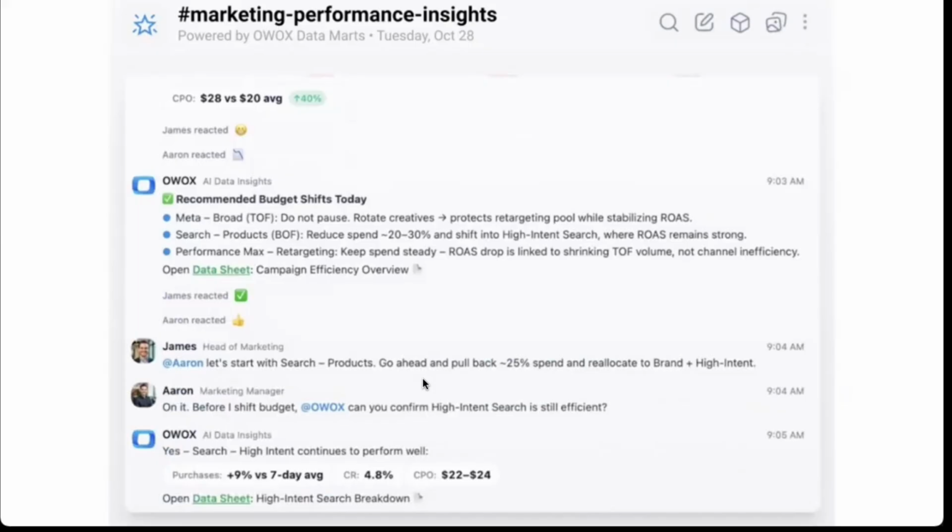And the first good question when we see the data is, okay, if we have this kind of recommendation to reallocate the budget to another campaign, how does this campaign actually perform?